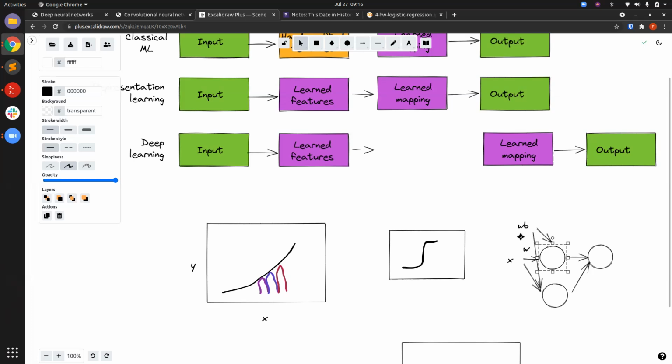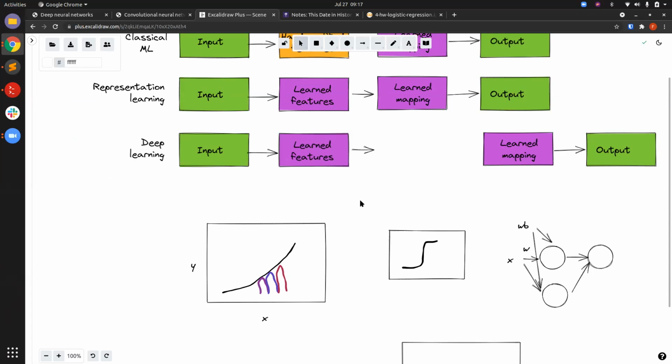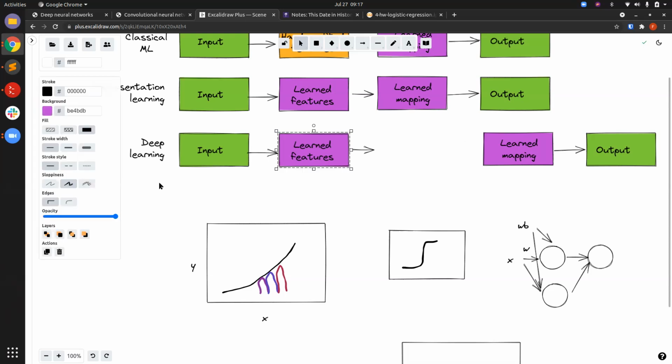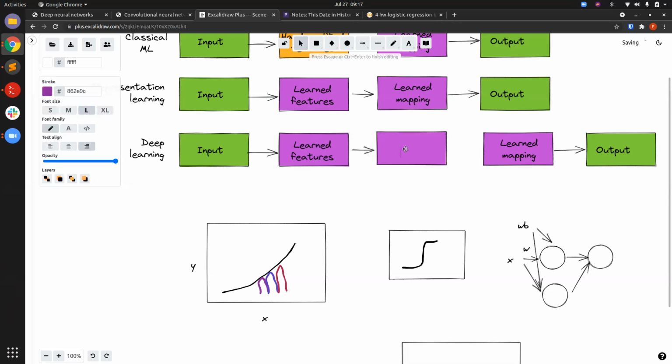So each of these hidden units produces a very simple feature. With deep learning, we take those simple features and combine them using a linear mapping and a nonlinear activation too. And then we can learn much more complex abstract features from the combination of simple features.